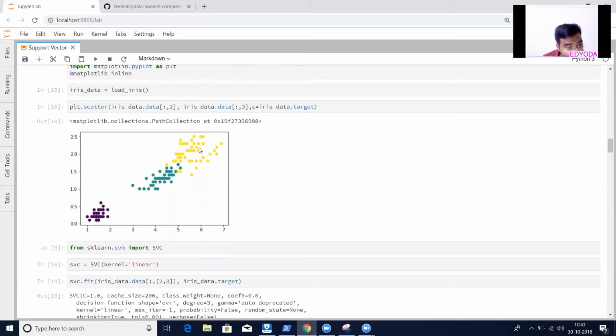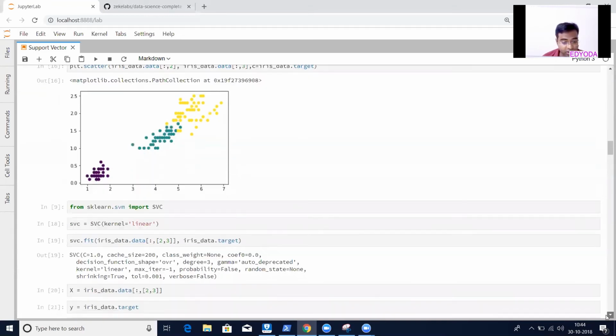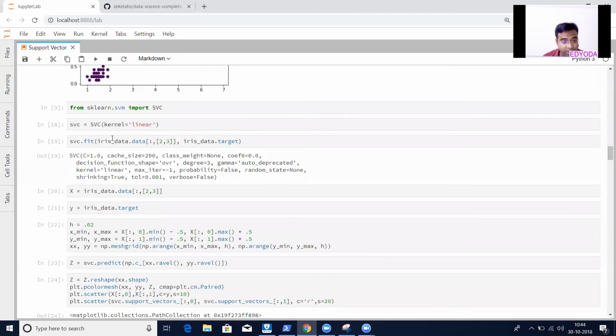We want to find a support vector classifier which would break this data into 3 classes, and we want to see the linear separator here. So SVC equals SVC with kernel linear, telling it that you want the linear kernel first, and once the model is defined, you train it using svc.fit.